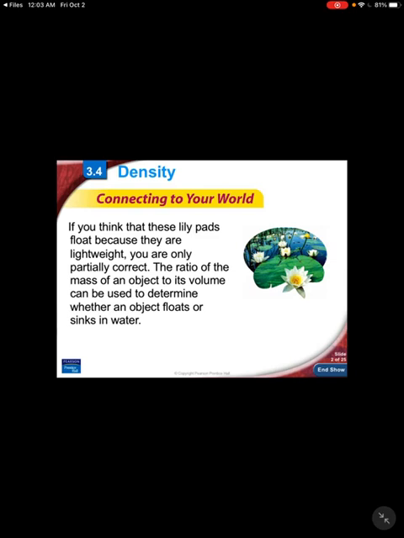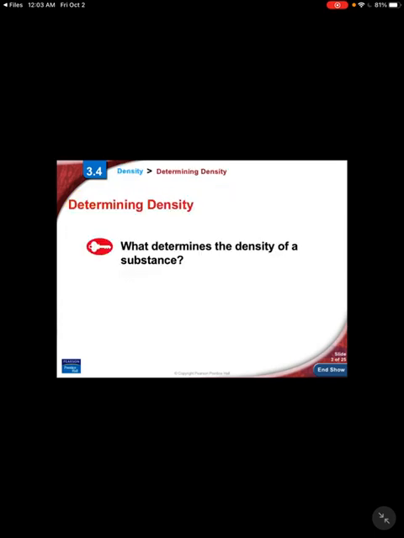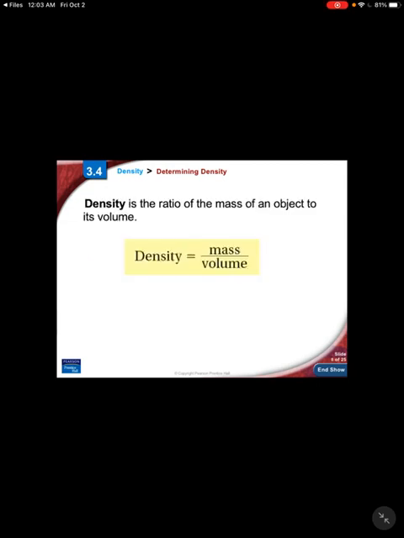And density is not so much the mass of an object, but it is specifically a ratio of the mass to the volume of an object. And that is something that can be determined whether an object floats or sinks in water. But there are other factors such as volume displaced and the like. But what determines the density of a substance, as I said, is the ratio of the mass to the volume.